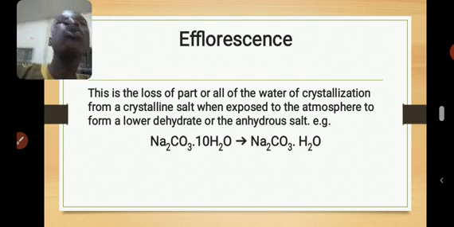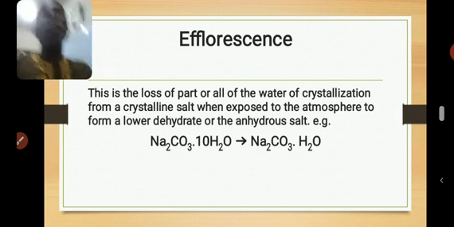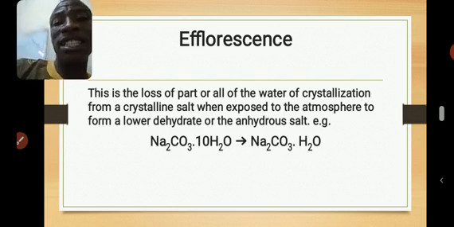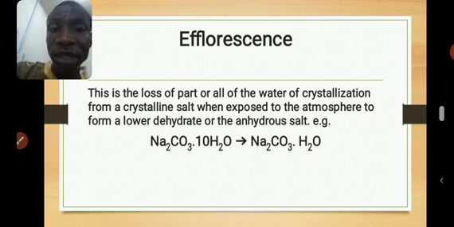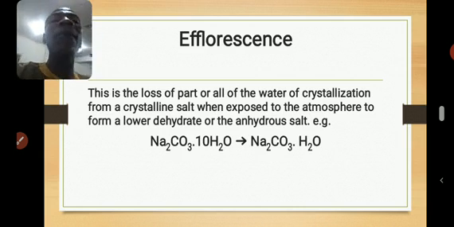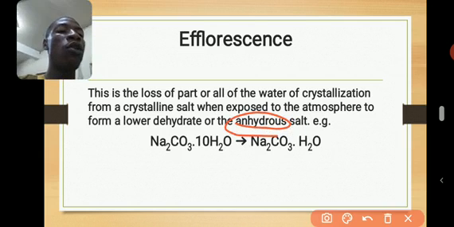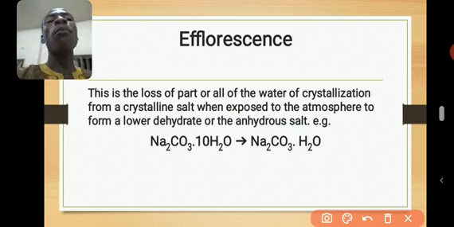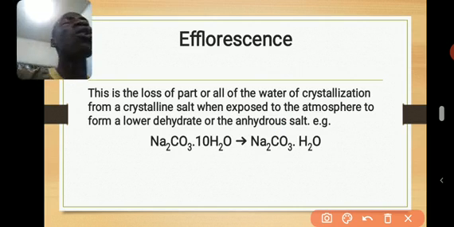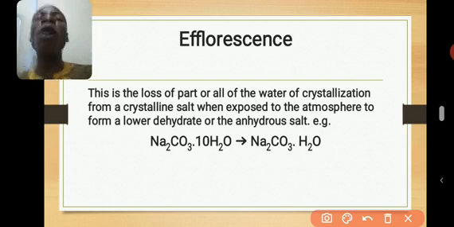Now, when they lose all the water of crystallization, they become anhydrous, shapeless, and colorless, maybe. That's if they lose all. But if they lose part, they did not lose all, they become a lower hydrate.